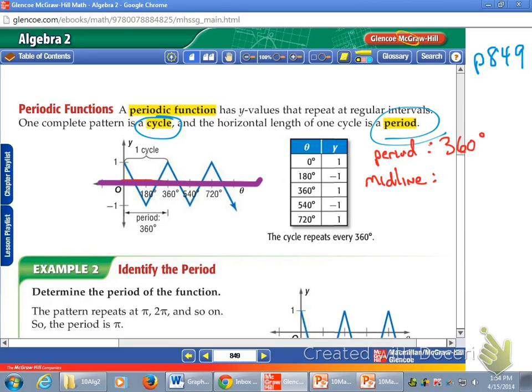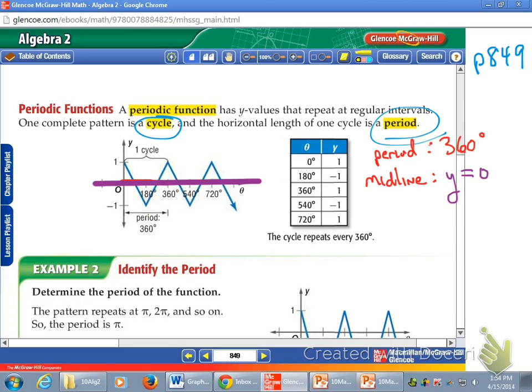Okay? The middle is at 0. And that is a line, right? What line would that be called? Y equals 0. Okay? And what that means is the graph is exactly half above it and half below it.